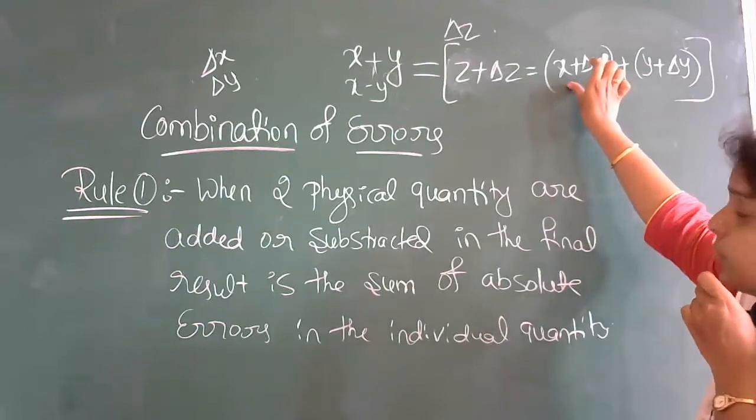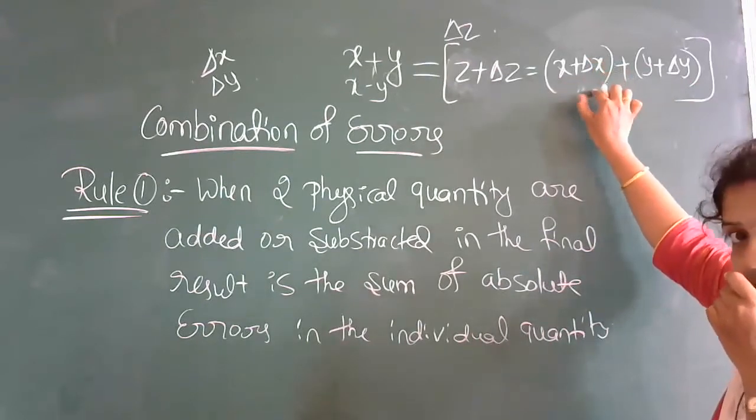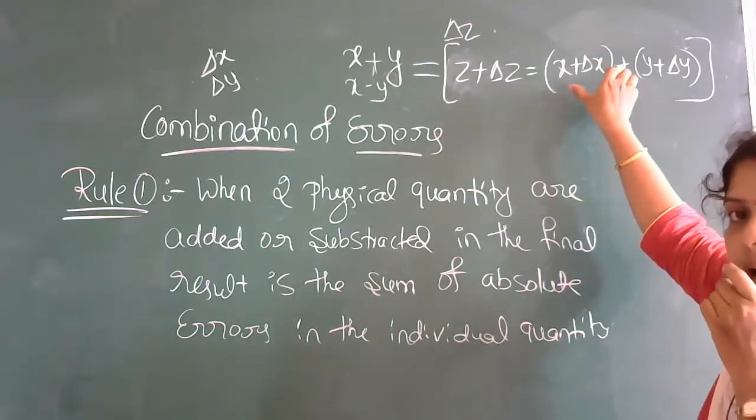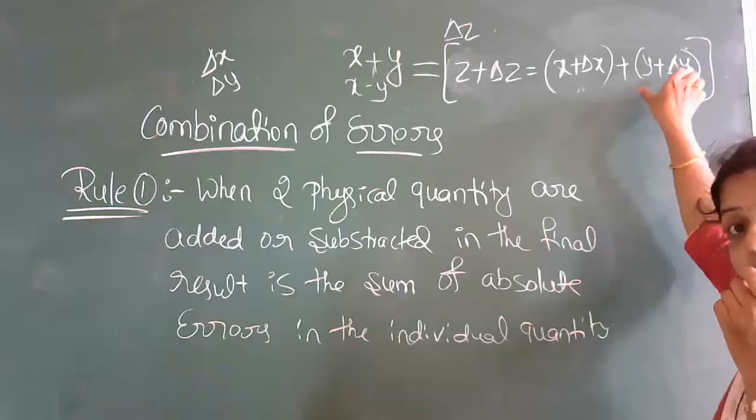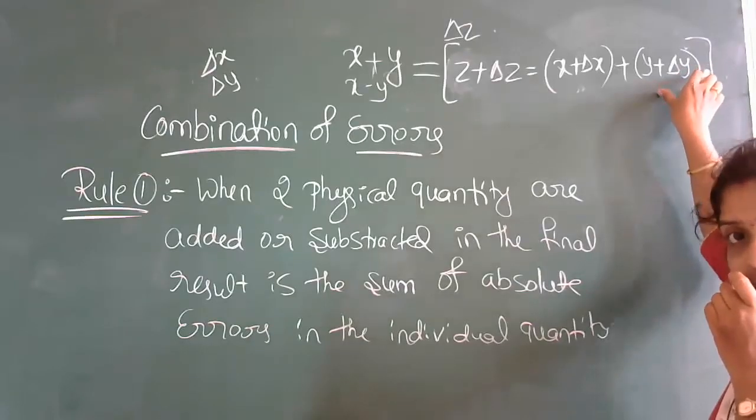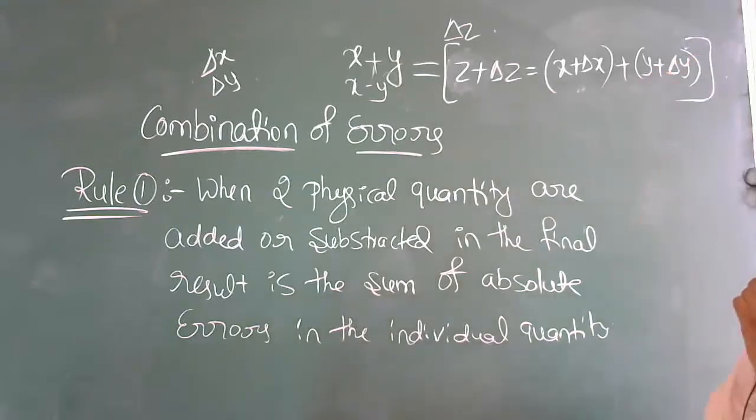X का जो absolute error है वो delta x है, and y का जो error है, that is delta y. So it is the sum of the absolute errors in the individual quantities.